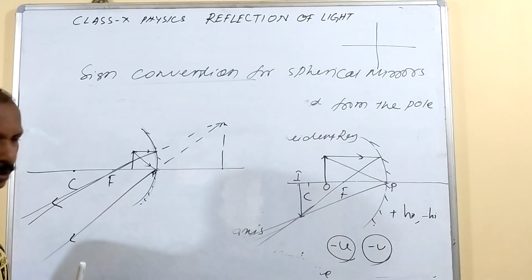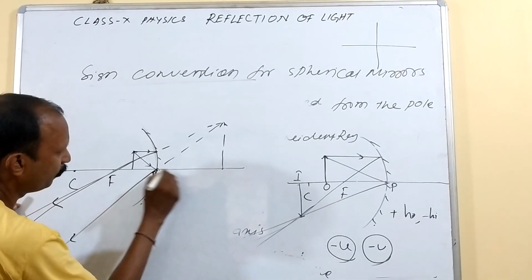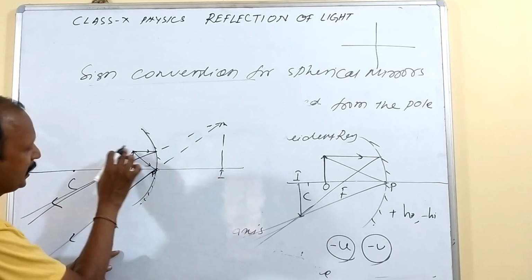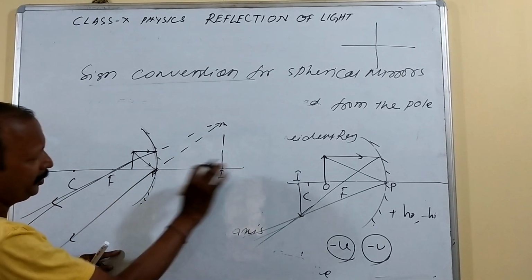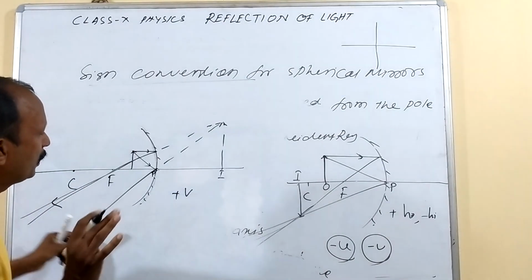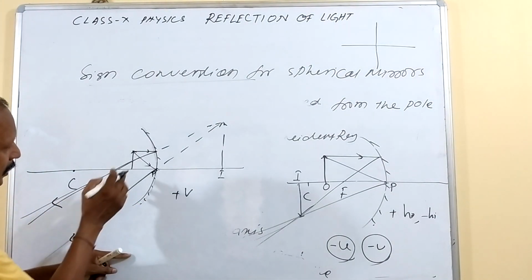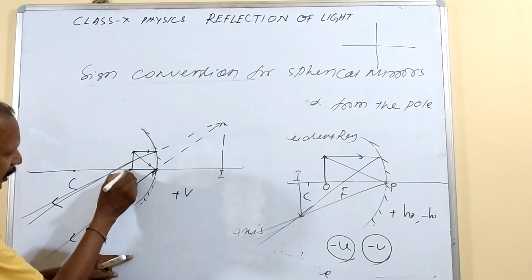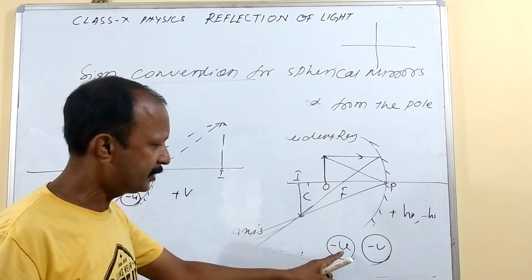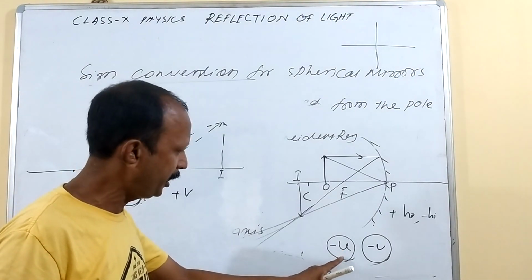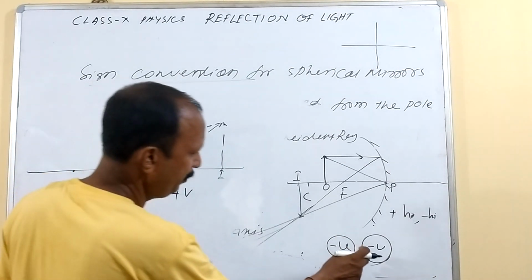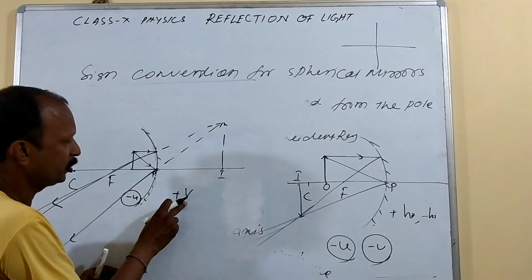So, whenever I measure image distance from pole to image, this is along the incident ray. I am moving right side. So, the image distance will be positive. But what about the object distance? Object is here. I am measuring like this. The object distance is negative. Here also object distance I found negative. Here image is negative. Here image is positive.